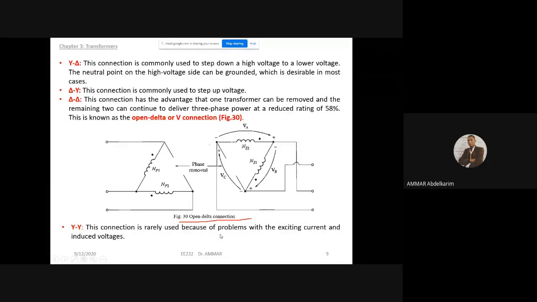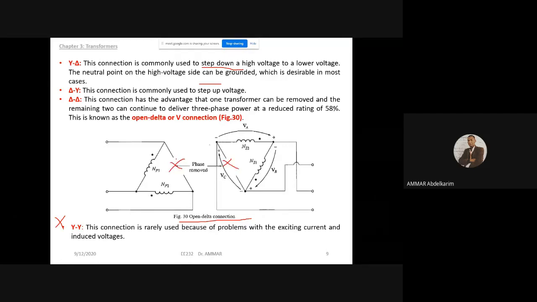The last one is the YY connection. This connection is rarely used because of problems with exciting current and induced voltage. So this is the fourth one, and it's rarely used. So here we have Y-delta used mostly for step-down voltage, delta-Y used mostly for step-up voltage, and delta-delta has the ability to work with two transformers.